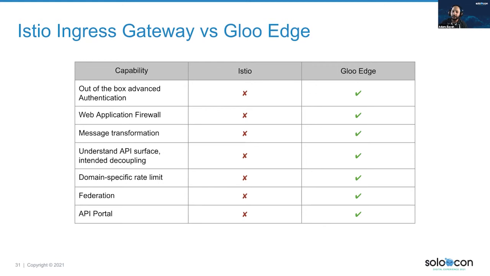It supports a WAF, message transformation, rate limiting, and federation, which we talked about. And it also supports an API portal, which is a powerful feature if you want a way to expose APIs and have a self-service where developers can just go get an API key and be able to use your APIs.